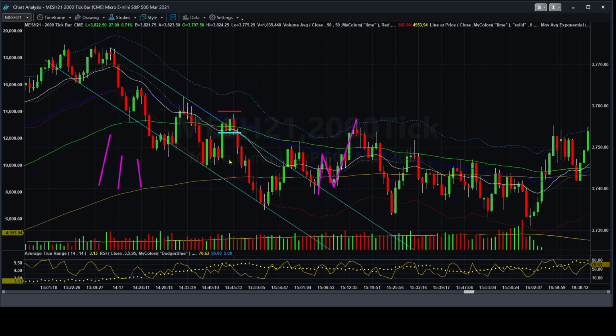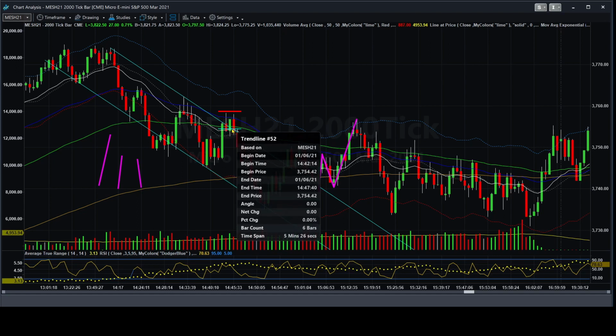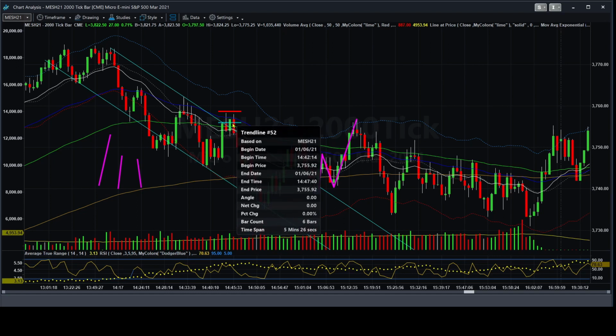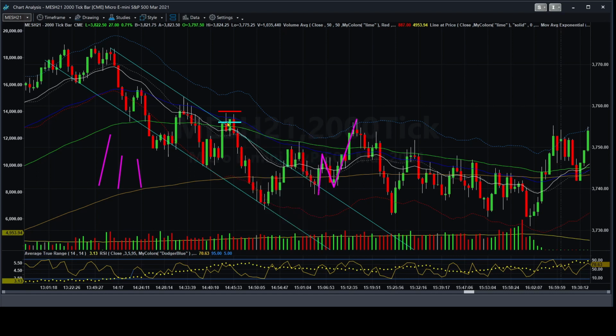The other way we could have entered this trade is, in this case, with a normal limit order here, because we had a retest of this level.